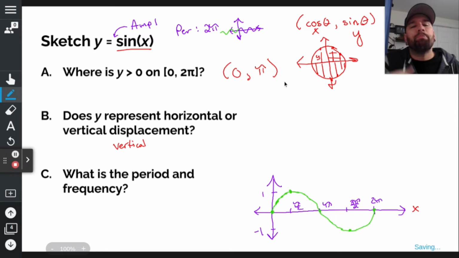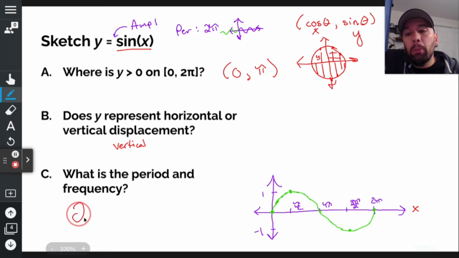Again, not the best job by me creating that problem, but hopefully I explained it decently enough that you're not going to want to throw your computer or phone against the wall. What is the period and frequency? Well, whenever you have a trig function, the period of a regular sine or cosine function is 2 pi no matter what.